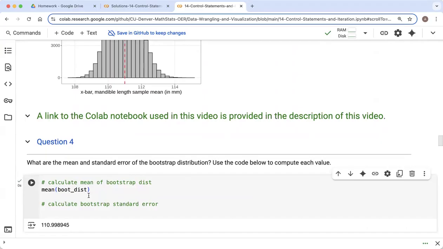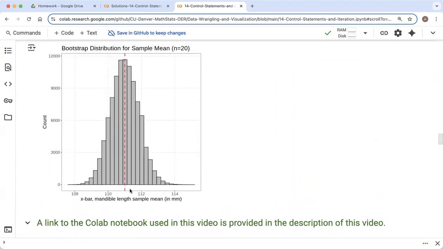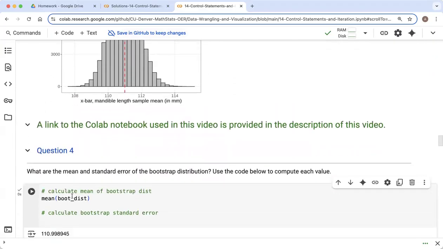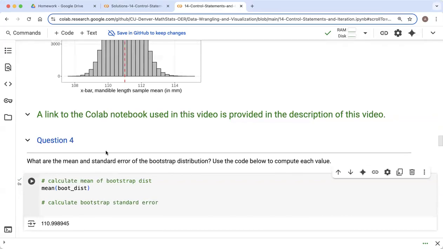Our original sample had a mean that was exactly 111. And that was this red line that I drew through the middle of the bootstrap distribution. Now we can see that those two line up very closely. So the mean of my original sample and the mean of the bootstrap distribution are essentially the same.